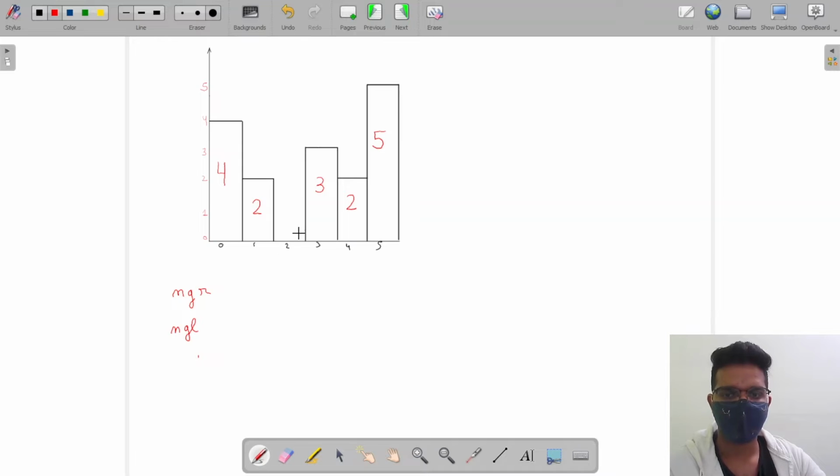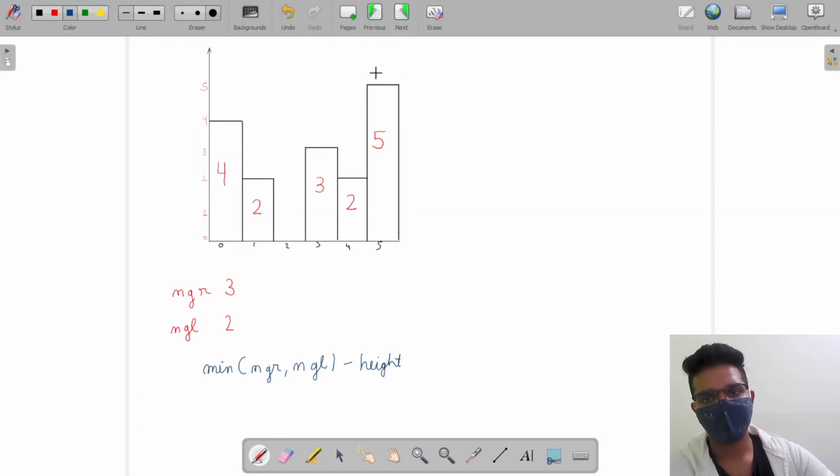So in this case, for the 2nd index, the next greater right is 3, the next greater left is 2. So I'm gonna check who is minimum. So let's keep writing our formula. So I'm gonna check the minimum of next greater right and next greater left, minus my own height.